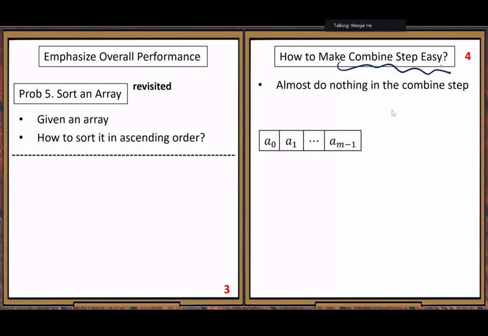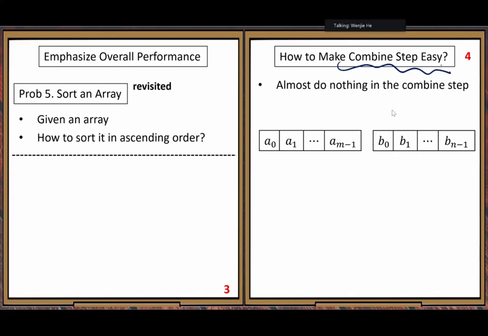But how can that happen? Think about it. You have A subarray and B subarray after the divide step. Then after the conquer step, you get A subarray sorted and B subarray sorted.